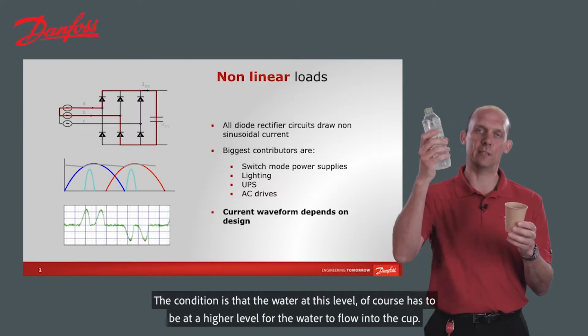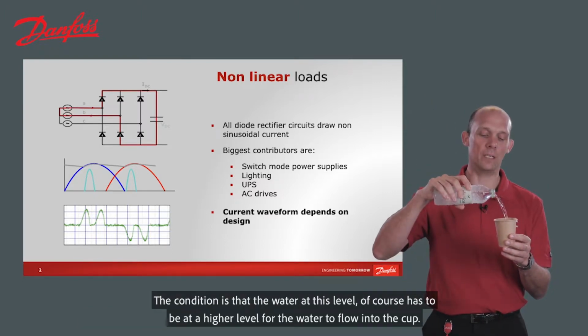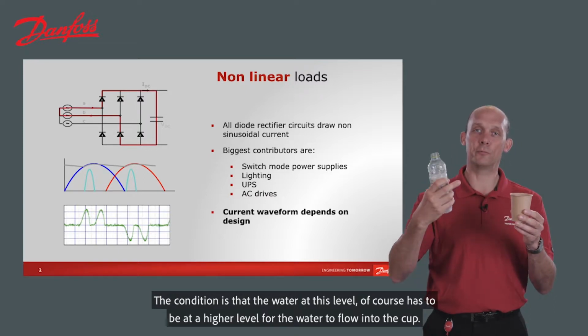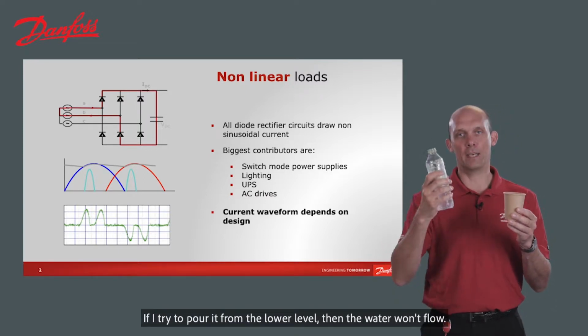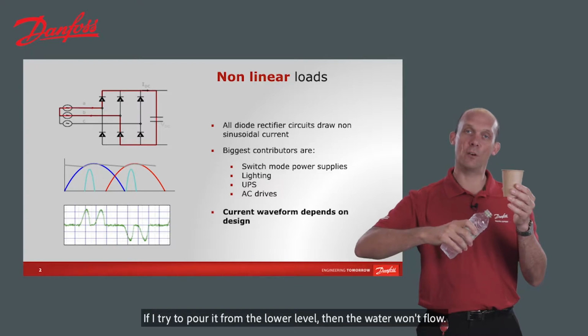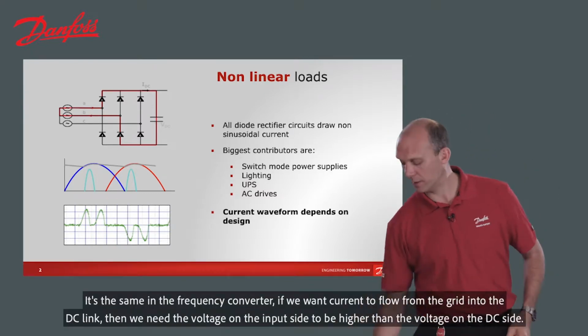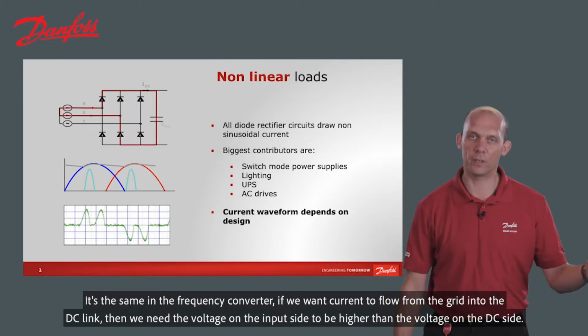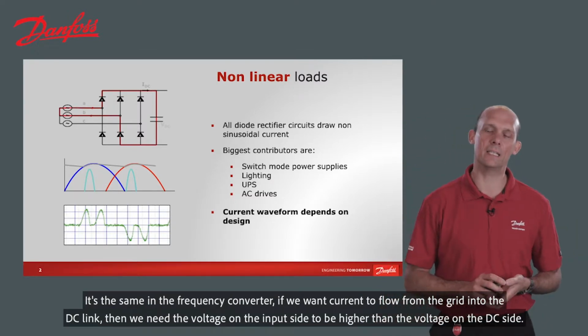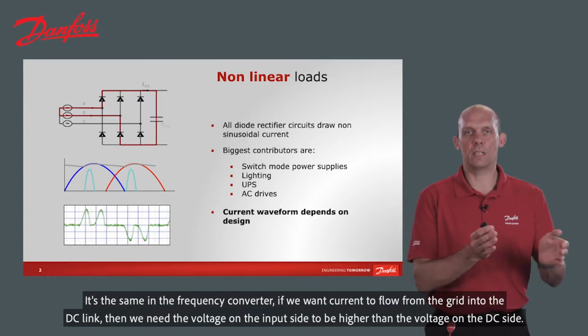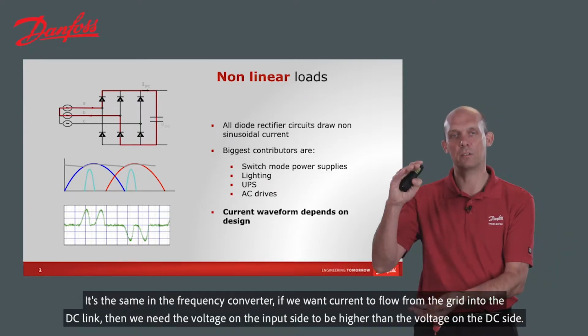The condition is that the water at this level has to be at a higher level for water to go into the cup. If I try to pour it from the lower level, then the water won't flow. It's the same in the frequency converter. If we want current to go from the grid into the DC link, then we need the voltage on the input side to be higher than the voltage on the DC side.